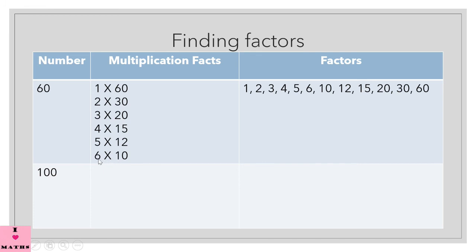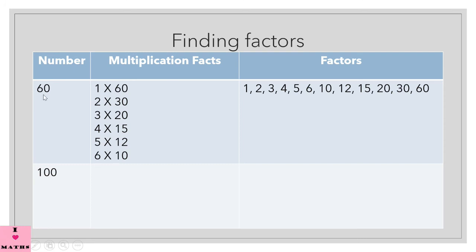Now 7 9s are 63. 7 8s are 56. So 60 does not come in the table of 7. Now 8 7s are 56. 8 8s are 64. 60 does not come in the table of 8. 9 5s are 45. 9 6s are 54. 9 7s are 63.